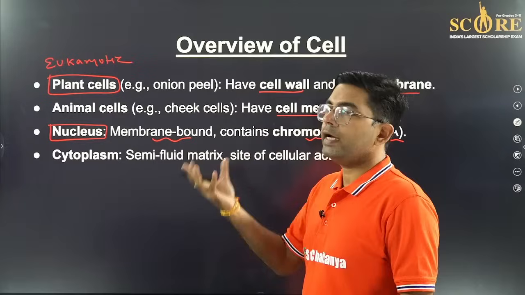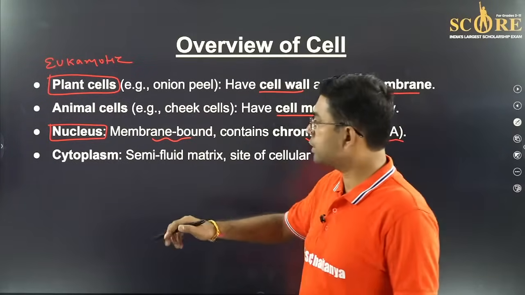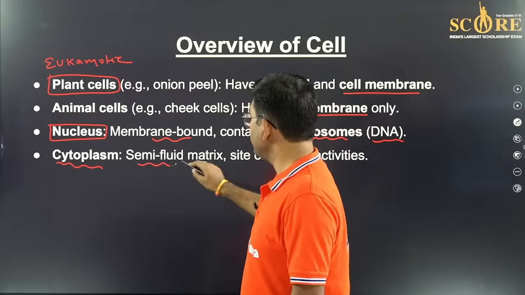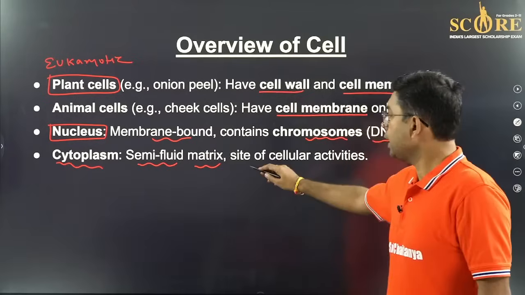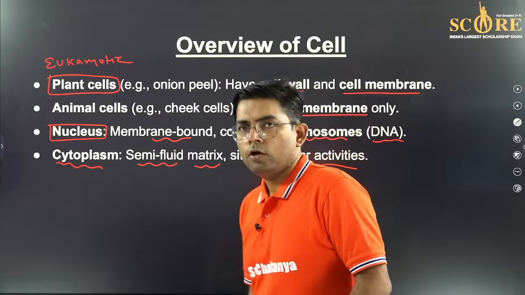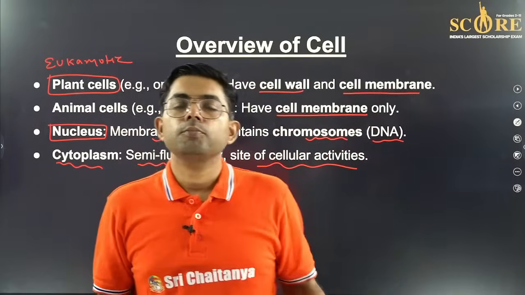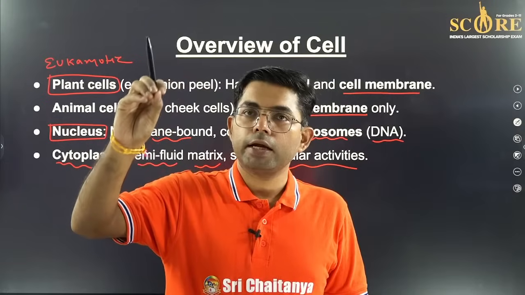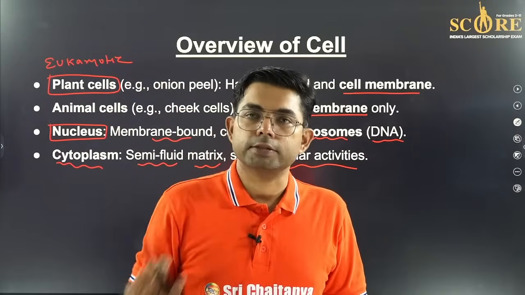Inside the membrane, the fluid matrix is called the cytoplasm. We call it semi-fluid matrix, which is the arena of cellular activity or site of cellular activity. So very important components of cells are cell wall, cell membrane, nucleus, cytoplasm.